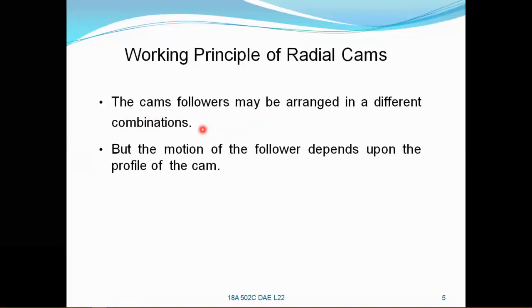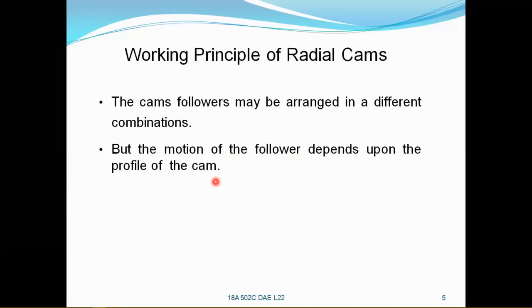That means it may be of different combinations. But the motion of the follower depends only upon the profile of the cam. If the profile of the cam changes, the motion of the follower also changes.